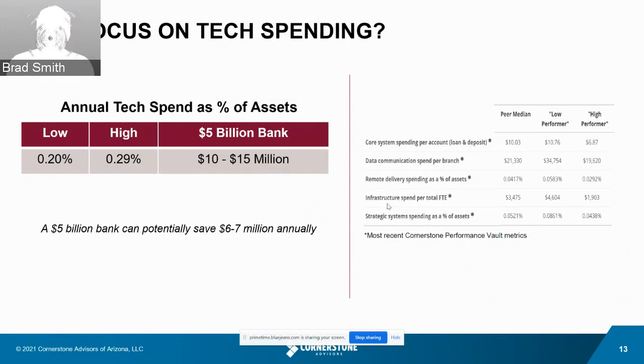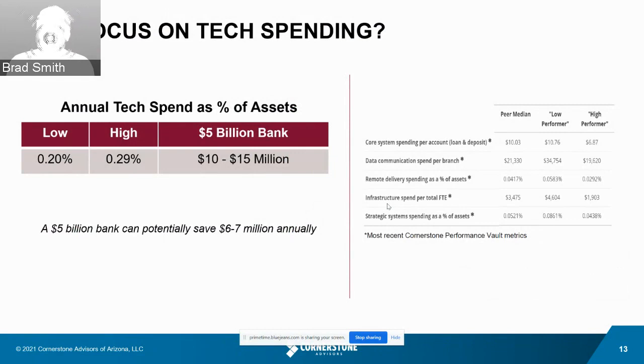And our experience between cost saves, economic rigor, vendor contract negotiations, a $5 billion bank can sometimes find up to $6 to $7 million in annual tech spend savings. And we'll talk about contract negotiations here in just a second.